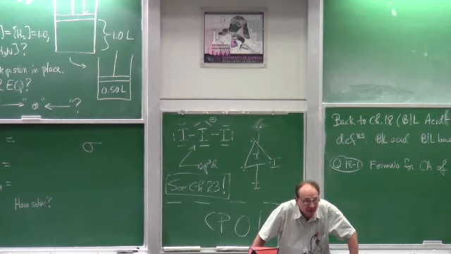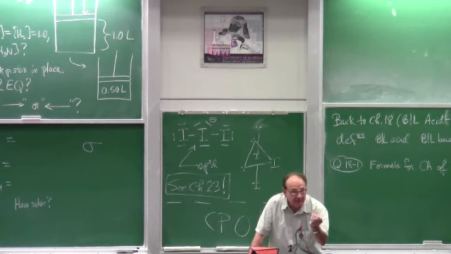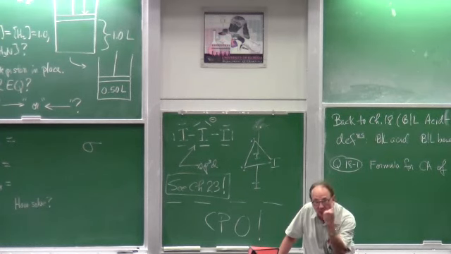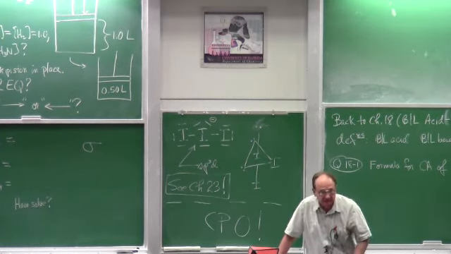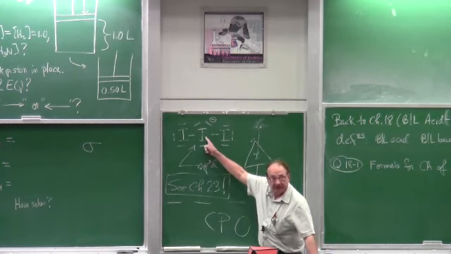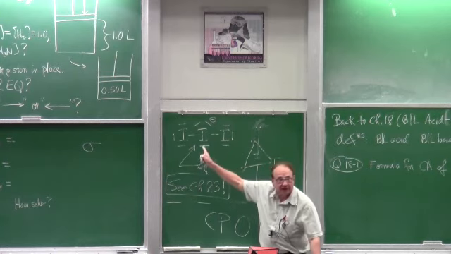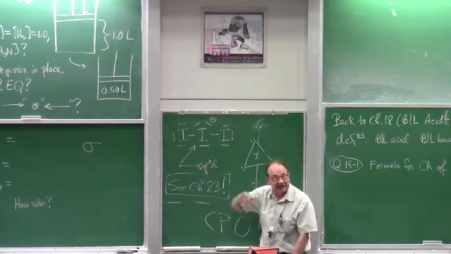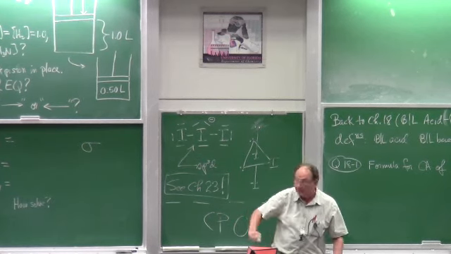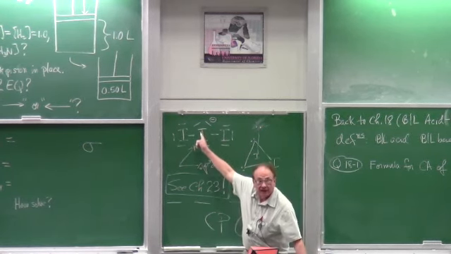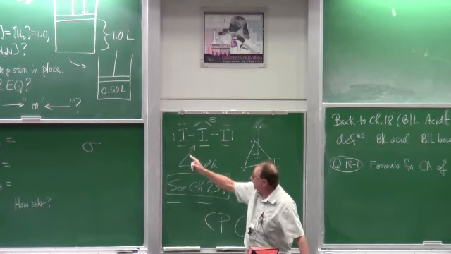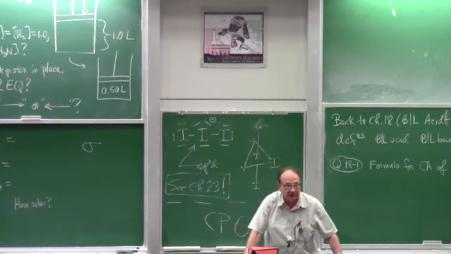Greatest repulsion is among and between non-bonding pairs, because a non-bonding pair is a region of electron density that's stabilized by one nucleus, the nucleus of this atom. But the bonding electron pairs are each mutually stabilized by two nuclei, this atom and this atom. That makes the electron density associated with the non-bonding pairs greater than the electron density associated with the bonding pairs.